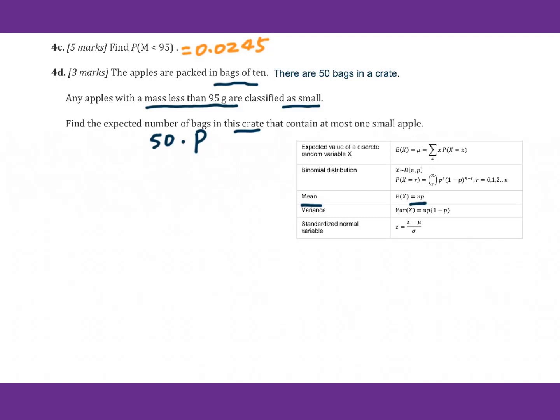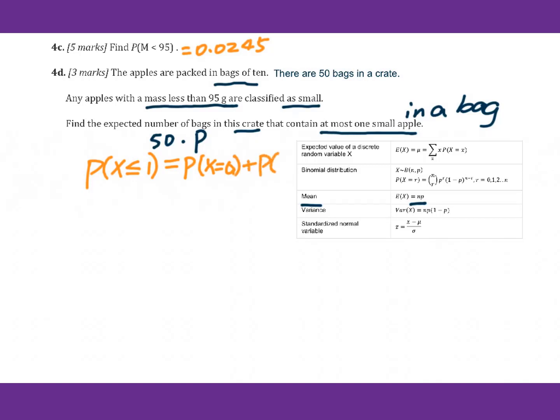We need to figure out the probability of containing at most one small apple in a bag. This is a binomial distribution. Therefore, we're looking for the probability X less than or equal to 1, which means the probability X equals 0 plus the probability X equals 1.